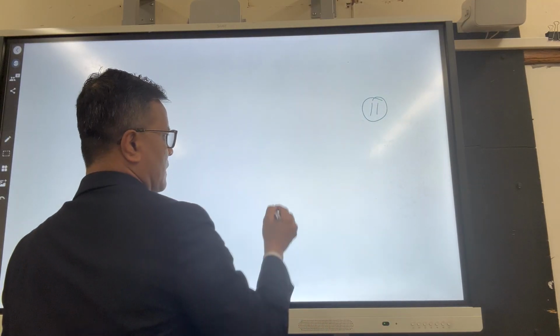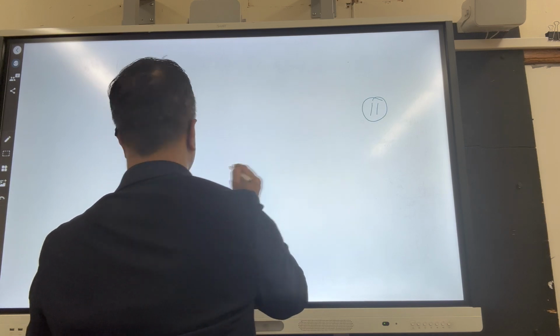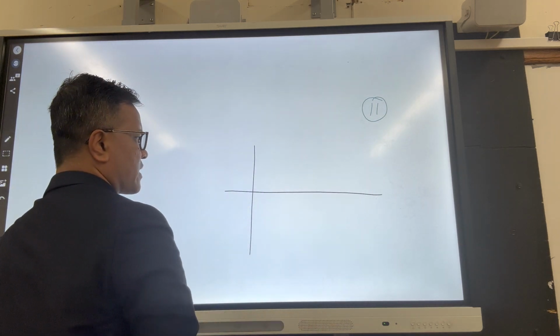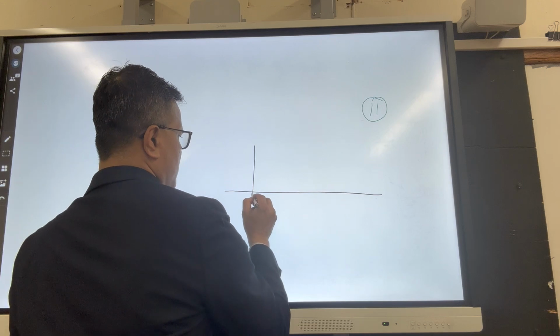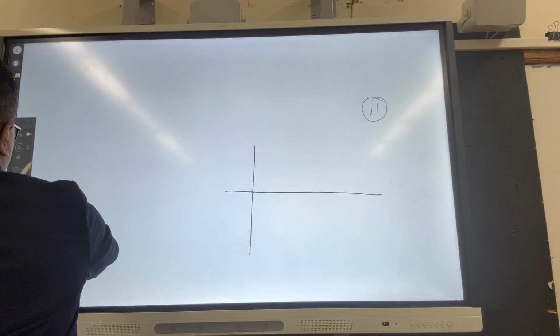Vectors. Let's do the x-axis, then I can explain this one. I gave you the vector A. Vector A is negative 30 degrees.